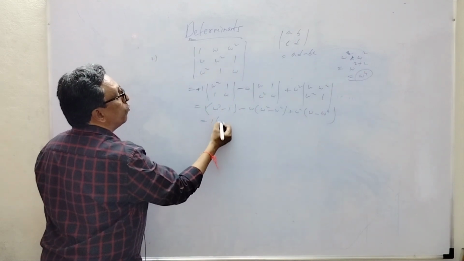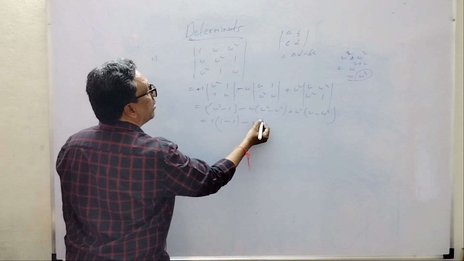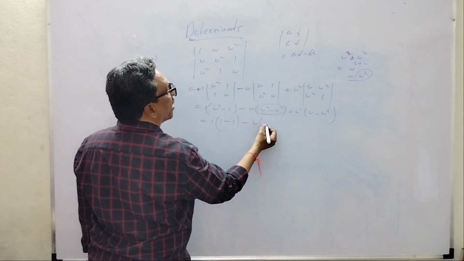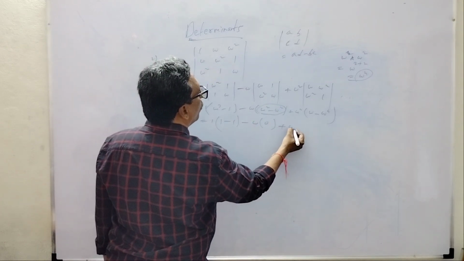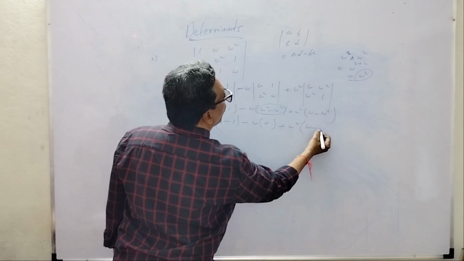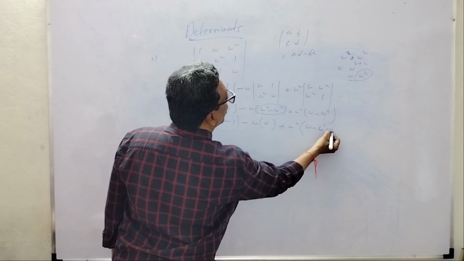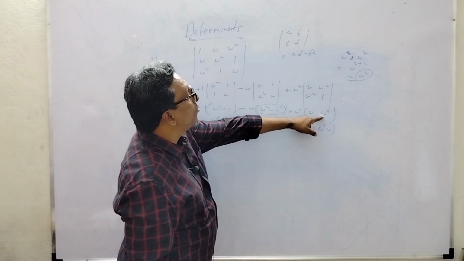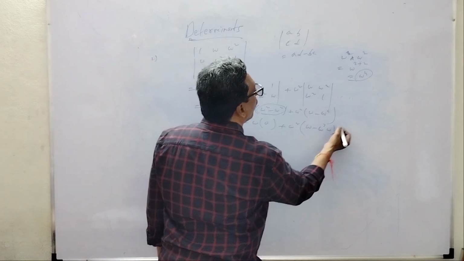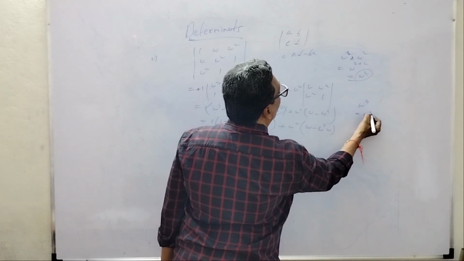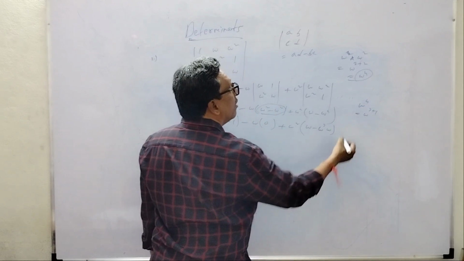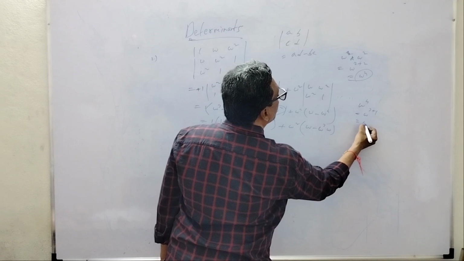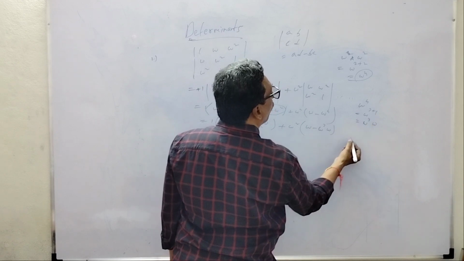But we know omega cube value is 1. Here, omega square minus omega square is 0. We can write omega to the power of 4 as 3 plus 1, so we split it as omega cube into omega.